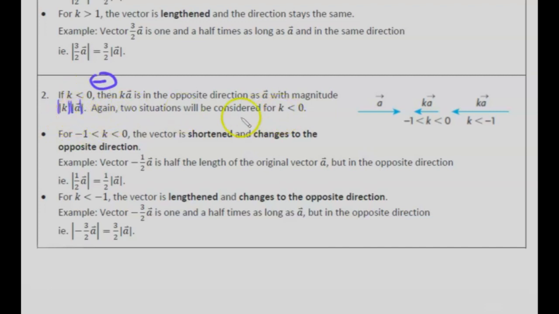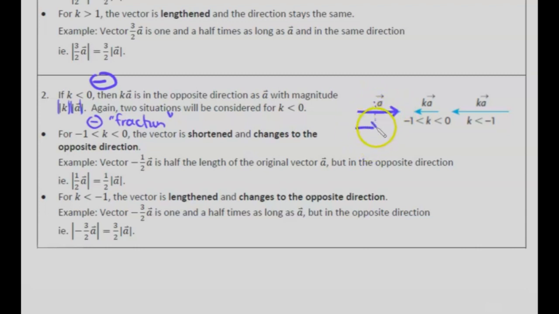Again, 2 situations arise. If K is between -1 and 0, in other words, if it is negative and a "fraction," then it's shortened and it changes to the opposite direction. So if this is vector A, say half of vector A is to here.